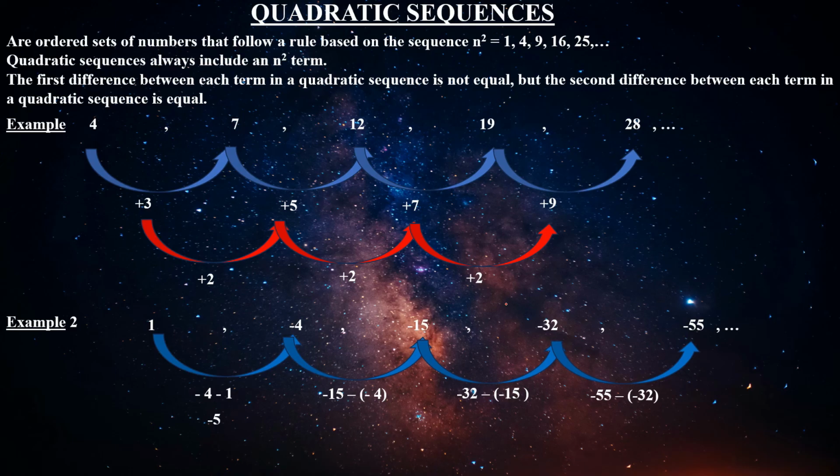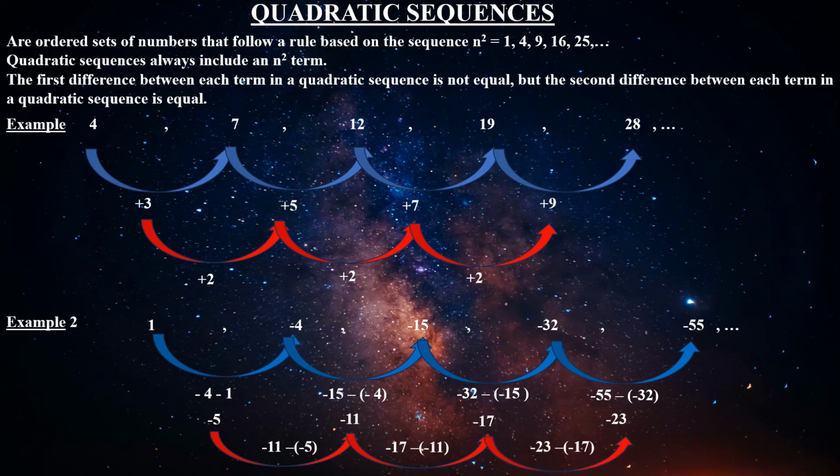So right there, we're going to have negative 5. Then negative 15 plus 4, we're going to have negative 11. Negative 32 plus 15, we're going to have negative 17. Negative 55 plus 32 is going to give us negative 23, right? Now let's look at that pattern. From here to here, we're going to say negative 11 minus negative 5, then negative 17 minus negative 11, and negative 23 minus negative 17.